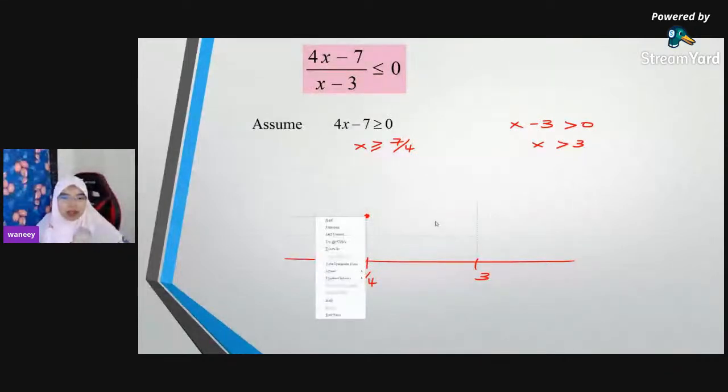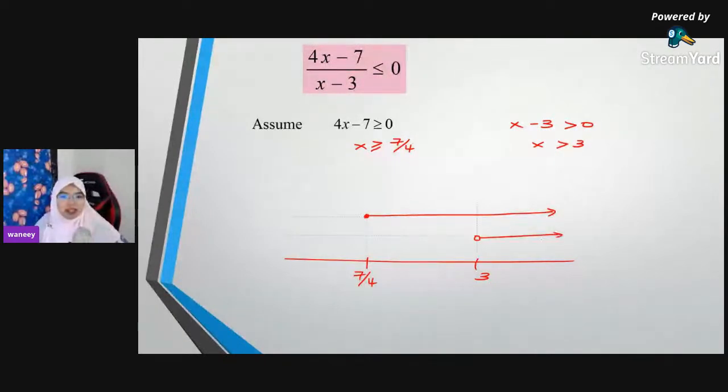Okay, so we are going to the right hand side. And then greater than 3 going to the right hand side as well. So we are assuming them to be greater than 0. So that means on top of the line, it should be positive, positive, positive. Other than that, negative, negative, negative. So this answer will be positive, negative, and positive.